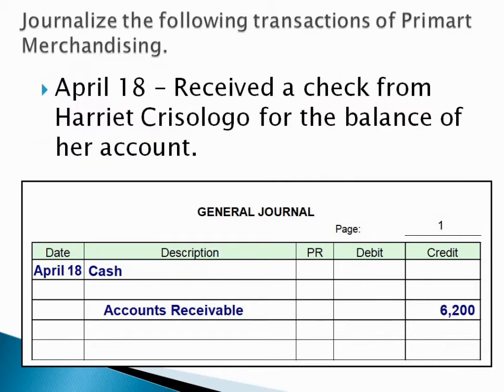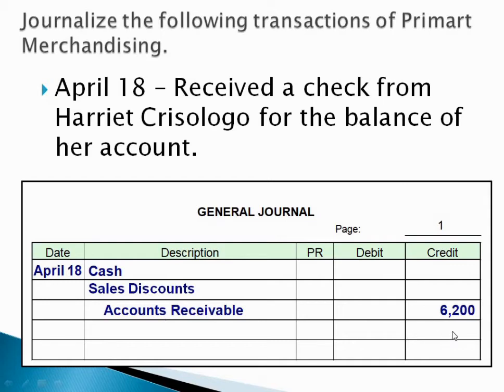It was exactly on that last day, April 18, when she made full payment. So was Harriet entitled to the cash discount? Yes. On the part of Primark, what was that discount? Sales discount. Normal balance of sales discount. Debit.